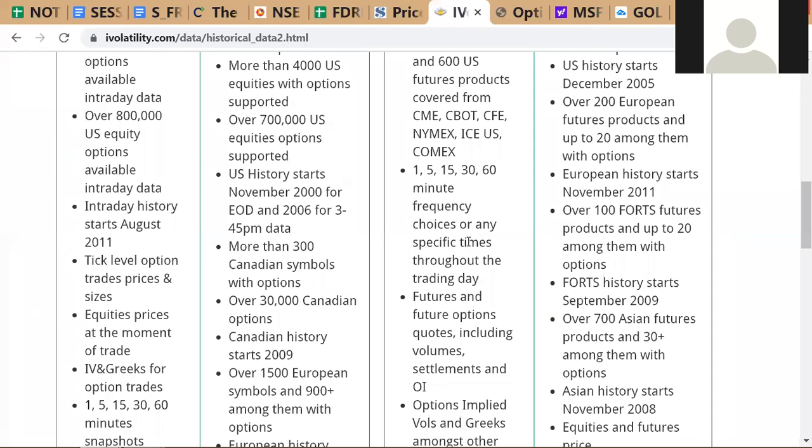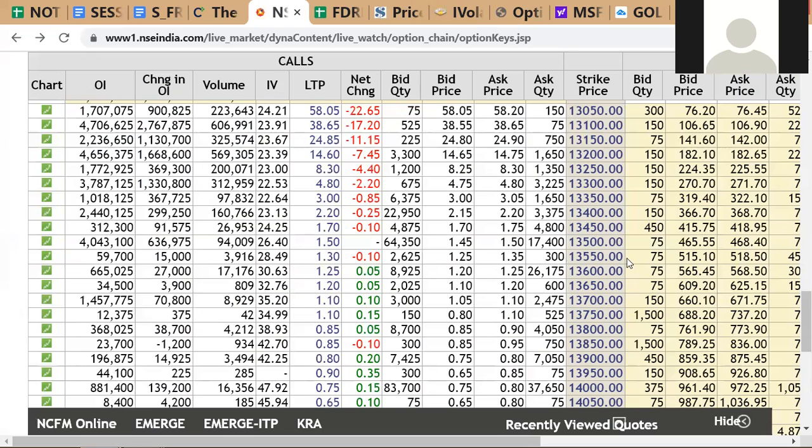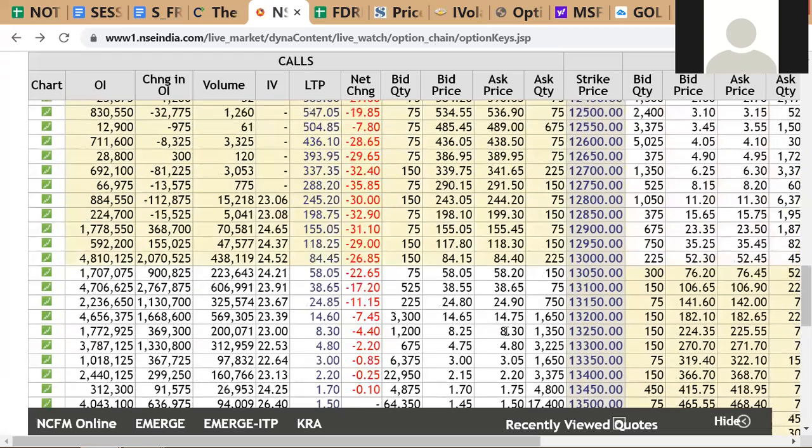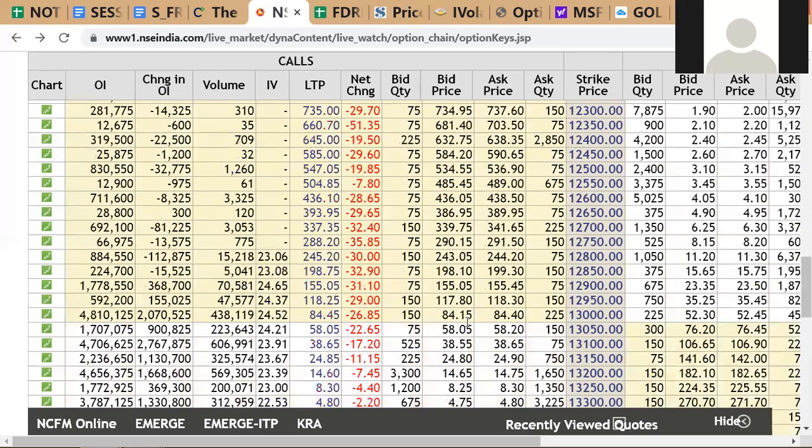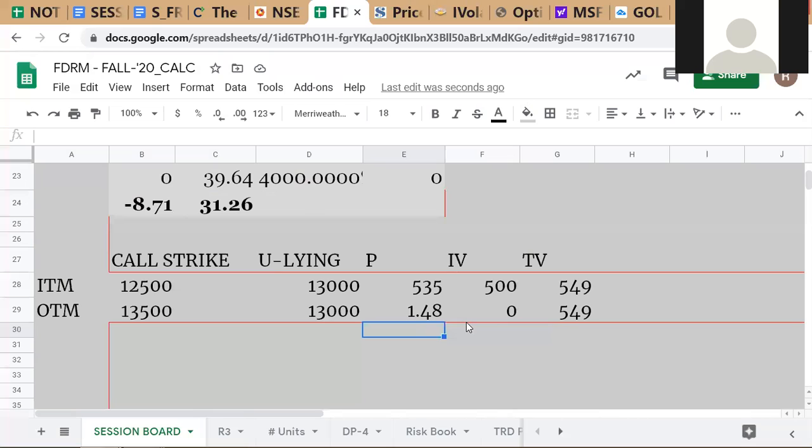Make sure we have the right prices. This one, 13,500, is 145 to 150, and 12,500 is roughly 535, so 535 and 148.50. Now let's understand. The intrinsic value is underlying minus strike.